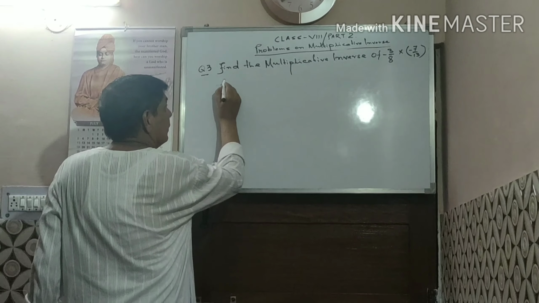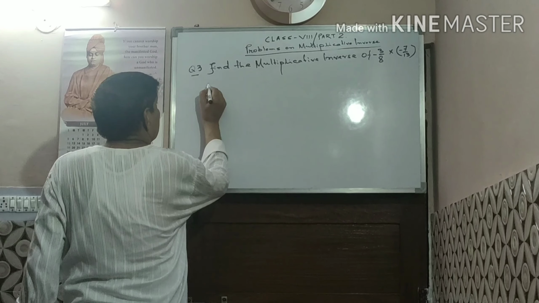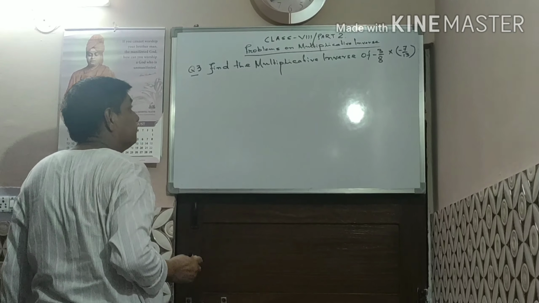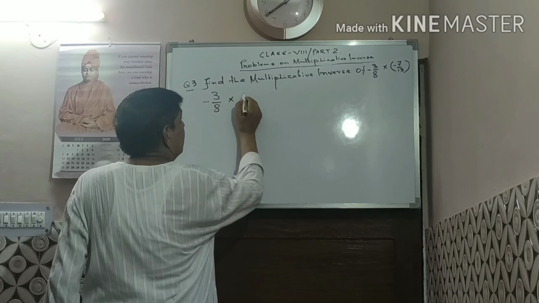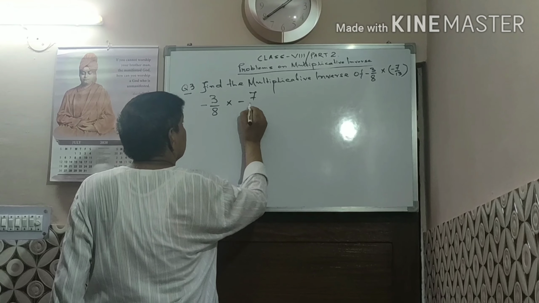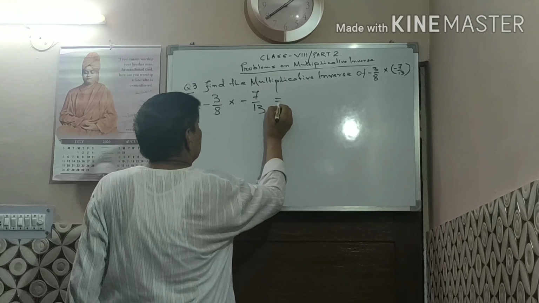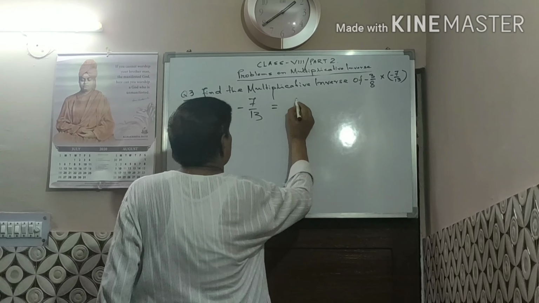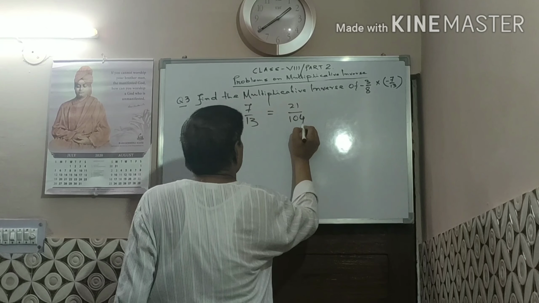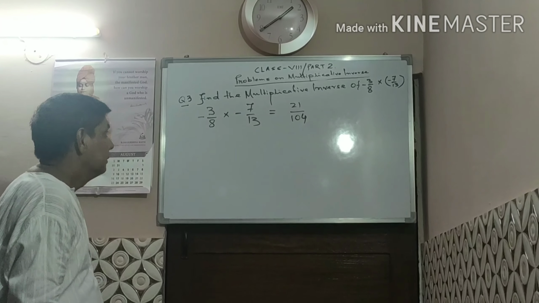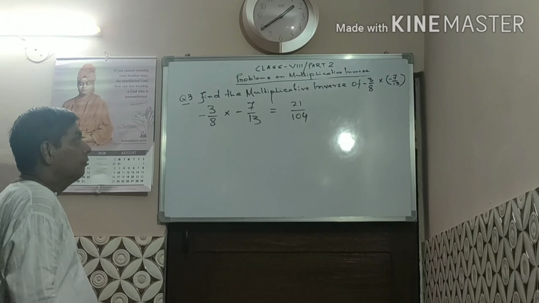Minus 3 by 8 into minus 7 by 13 gives 21 by 104. We get a single rational number.